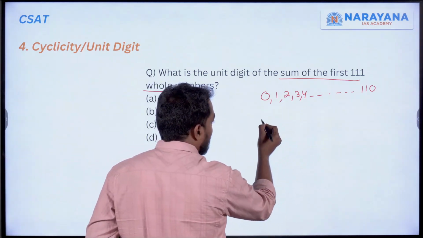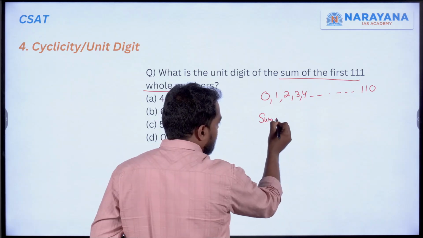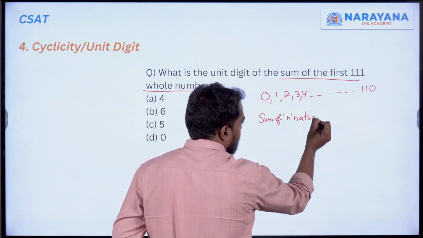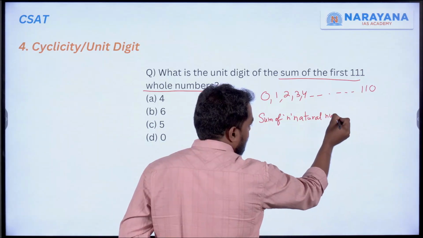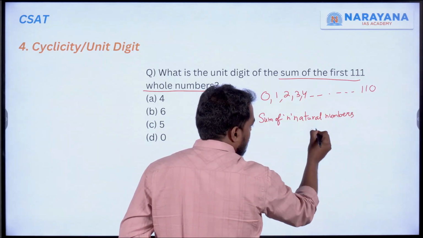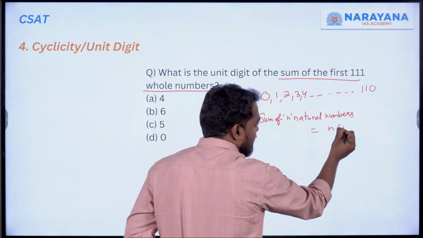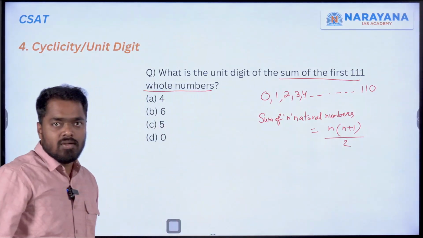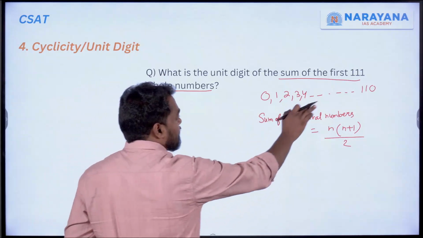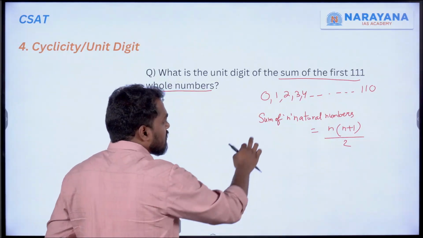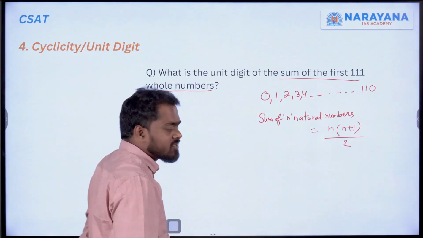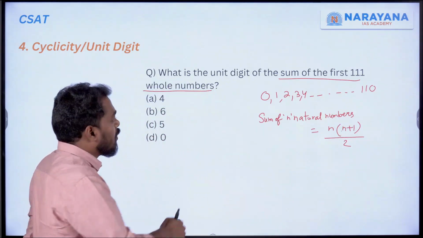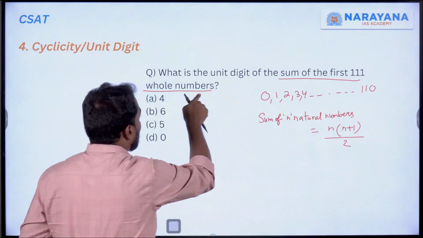Now there is a formula. Sum of n natural numbers is equal to n into n plus 1 divided by 2. So this is the formula you have to know to solve this one. Now what is the sum of the first 111 whole numbers?